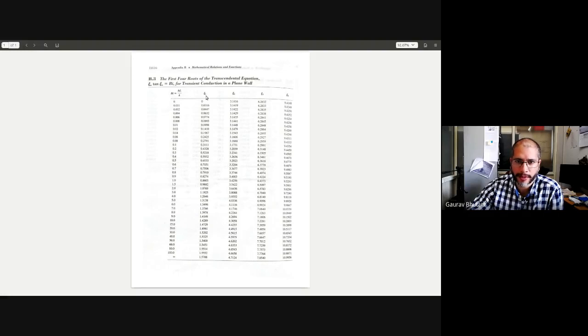In this case, they call it zeta 1 to zeta 4. Although you need an infinite number of values, we'll see that the first few values are enough to approximate the theta star value in the summation. So you can use these tables for finding the values of lambda 1 to lambda 4 for different values of Biot numbers.